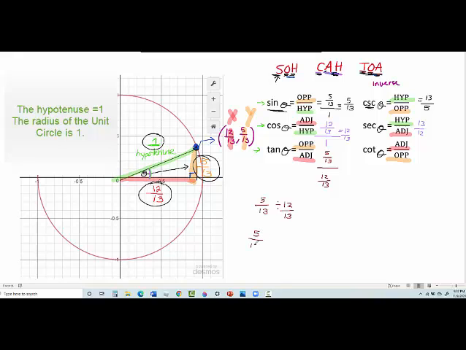So some people prefer to do it like this. Instead of dividing by 12/13, we'll multiply by 13/12. And then we can clean this up, and this simplifies to 5/12. And then the inverse of that would be 12/5 for cotangent.